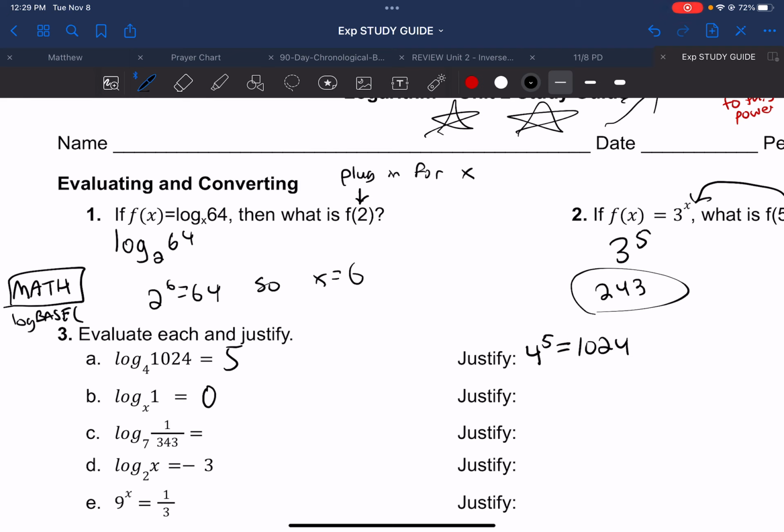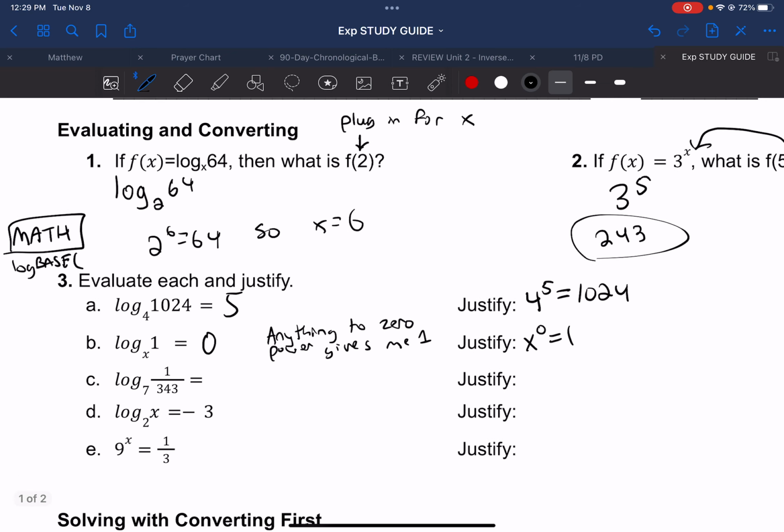So my answer is 0, so x to the 0 power gives me 1. So that's just something to remember. There will be a question like this on the test. Anything to the 0 power gives me 1.